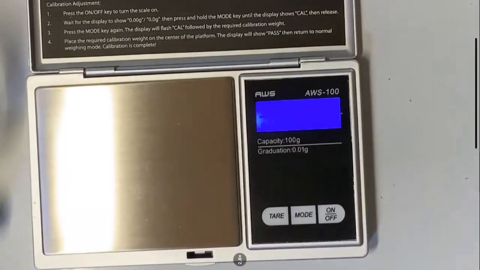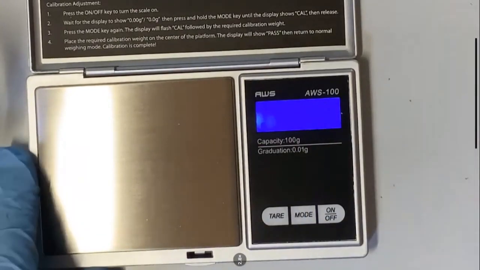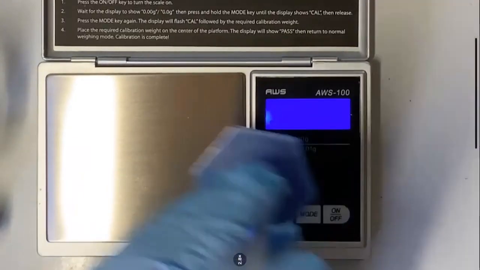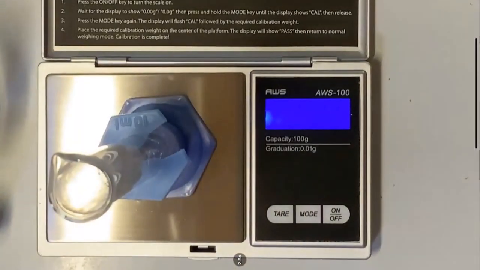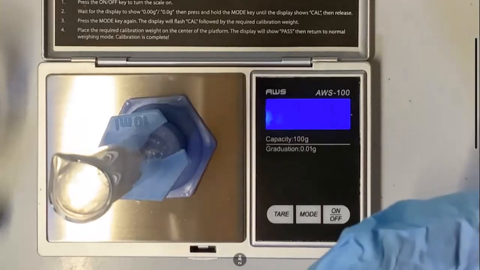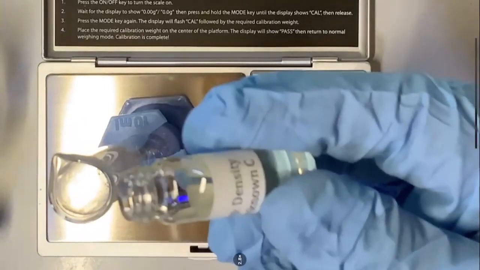Tare your scale. Put your graduated cylinder on. Read the mass of your graduated cylinder. That's the graduated cylinder empty. Pour your liquid.